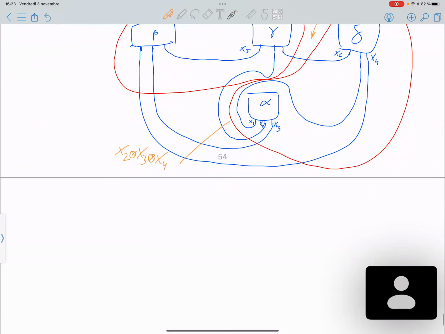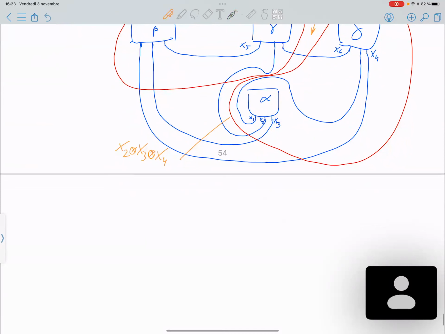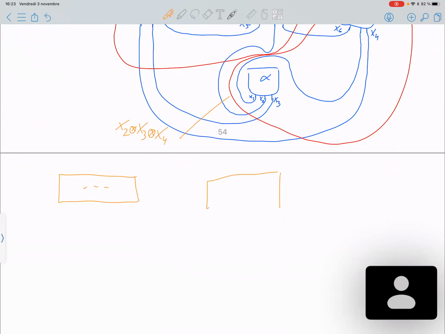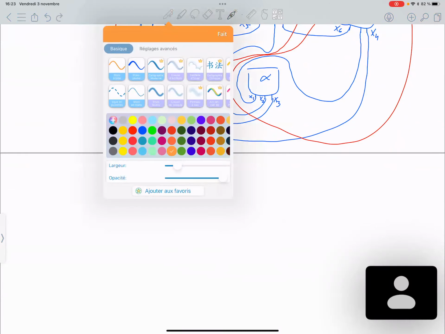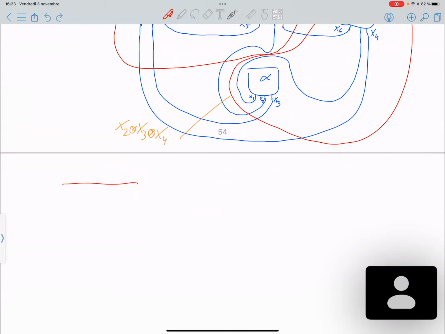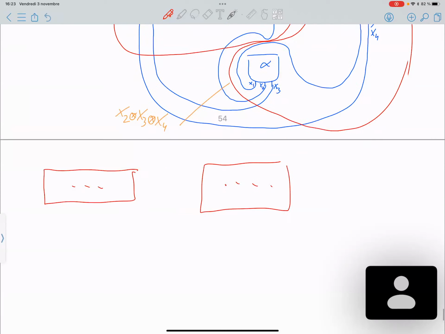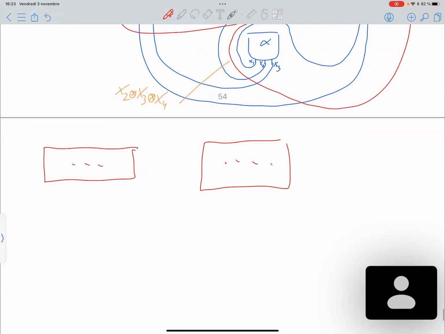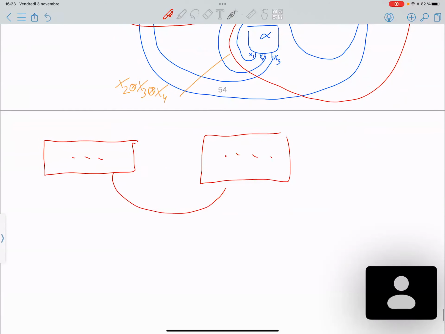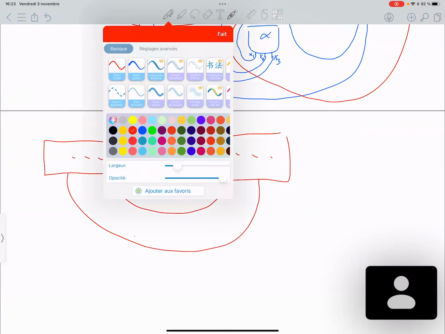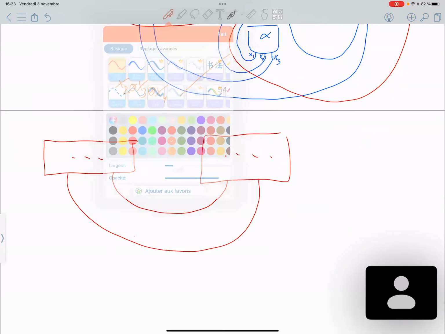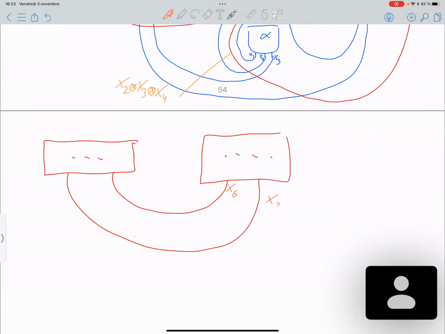So you have this block and the other block. Maybe I should put it in red because it was written in red here. One block, the other block, and you have the X6 and the X2 tensor X3 tensor X4.